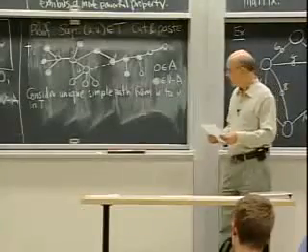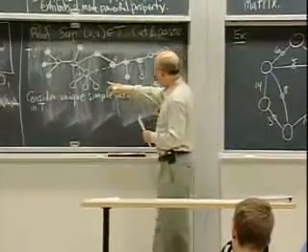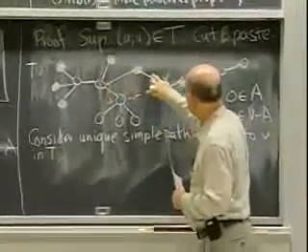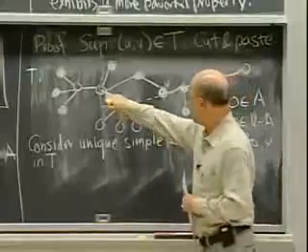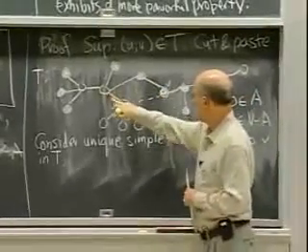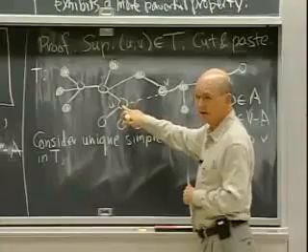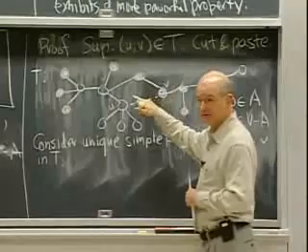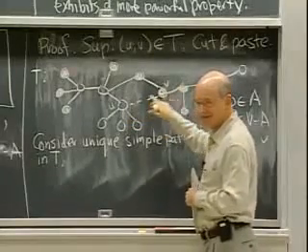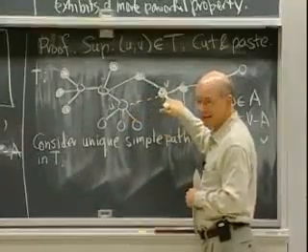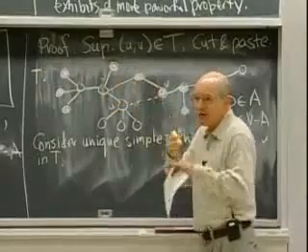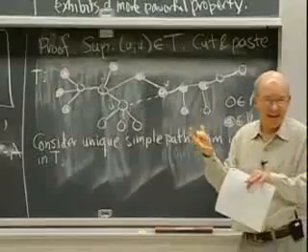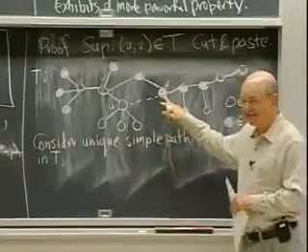Now what we're going to do is take a look at that path. In this case, it goes from here to here to here to here. And along that path, there must be a point where I connect from a vertex in A to a vertex in V minus A. Why? Because this is in A, this is in V minus A, so along the path, somewhere there must be a transition. They're not all in A, because in particular V isn't.